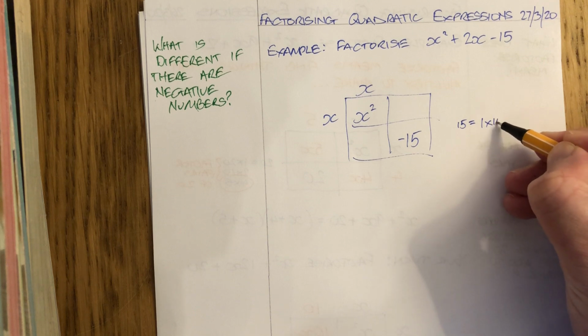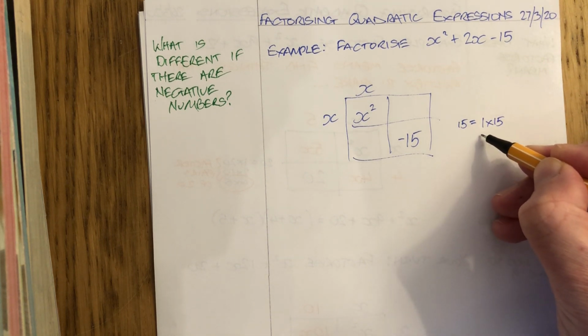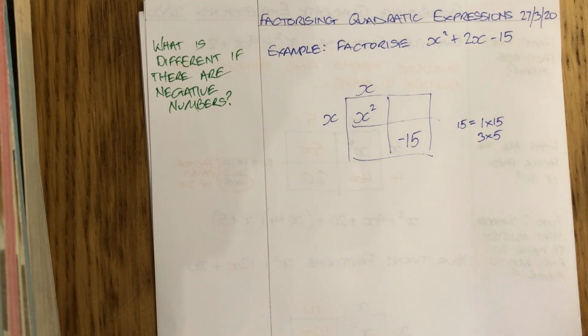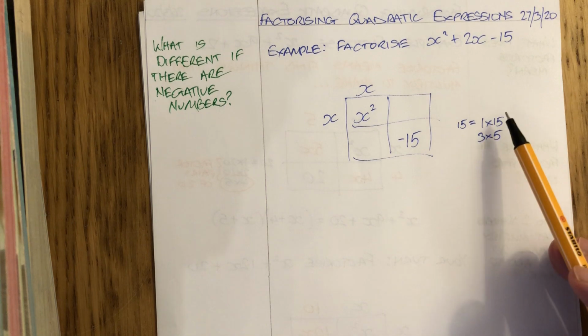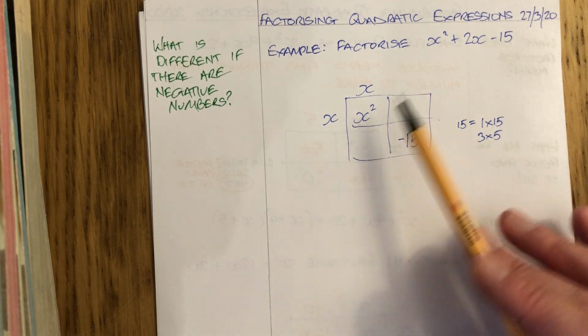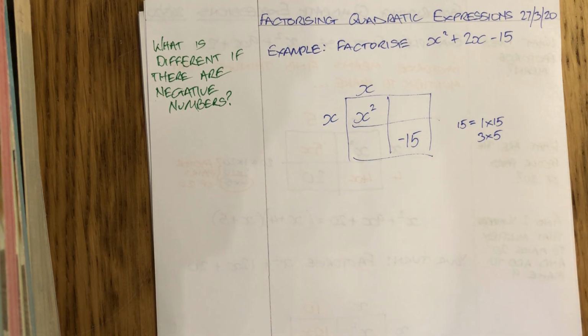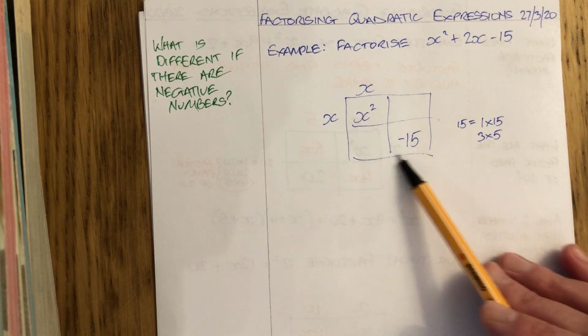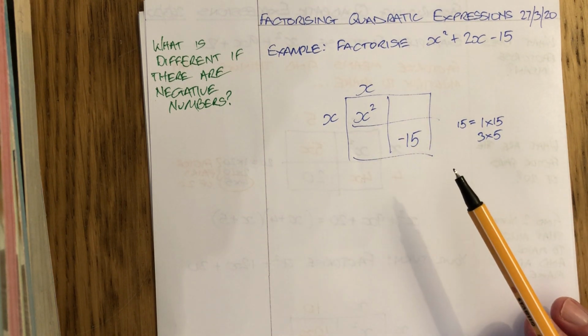15 can be made by doing 1 times 15 or 3 times 5. Those are the only factor pairs of 15. So, one of these pairs of numbers is going to go here and here. One of them will be positive and one of them will be negative because we need a positive number times a negative number to make a negative answer.